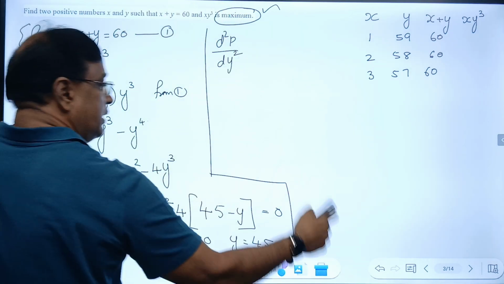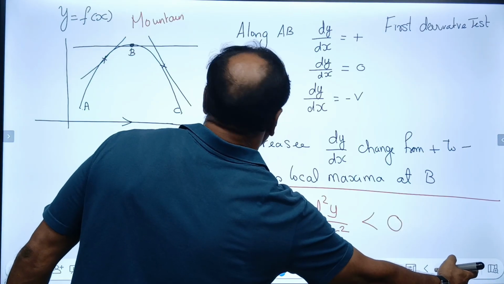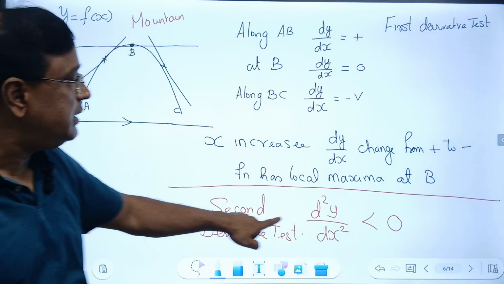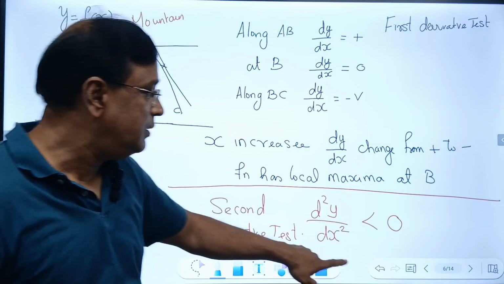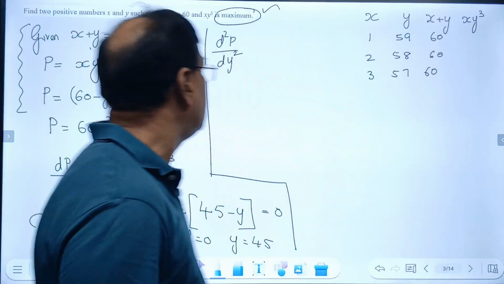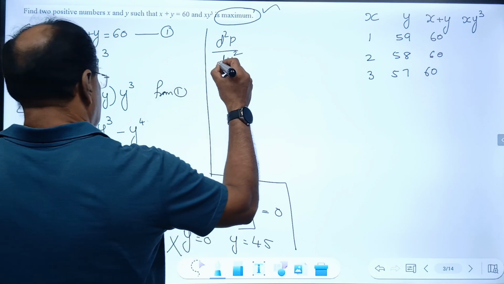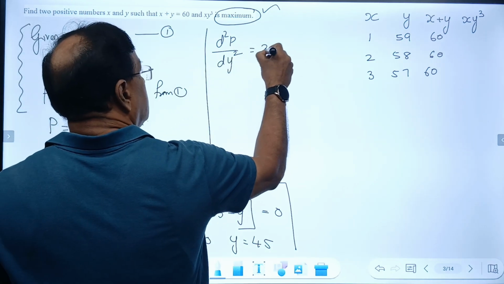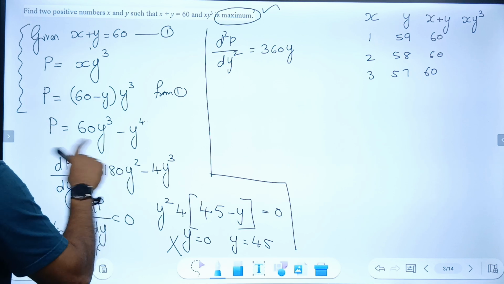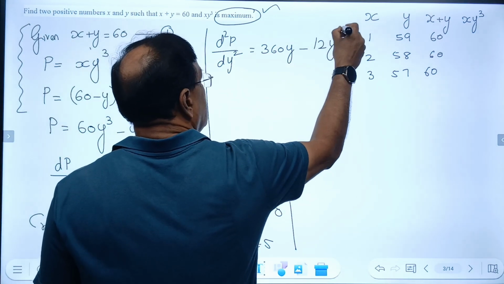This is called the second derivative test. You see, this is what we did here. In the second derivative test, for a maxima, my second derivative must be negative, right? So I am going to test that. Now d square p by dy square, what is that? It will be 360y minus 12y square, differentiating this.